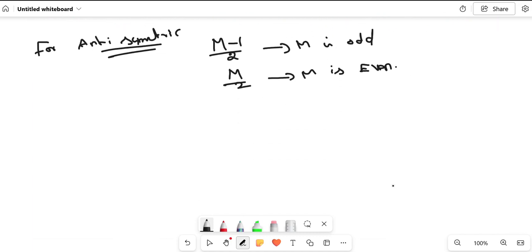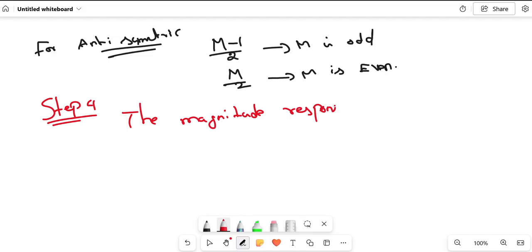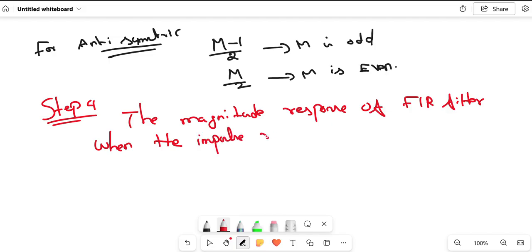Now next one, step 4, the magnitude response of FIR filter when the impulse response is symmetric and M is odd.